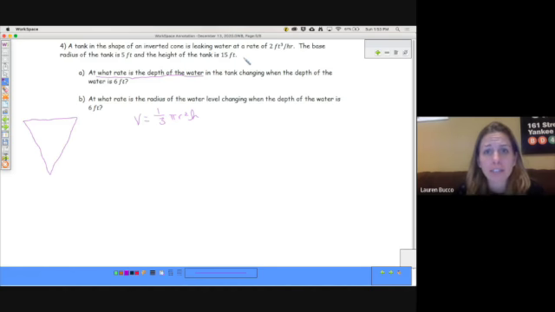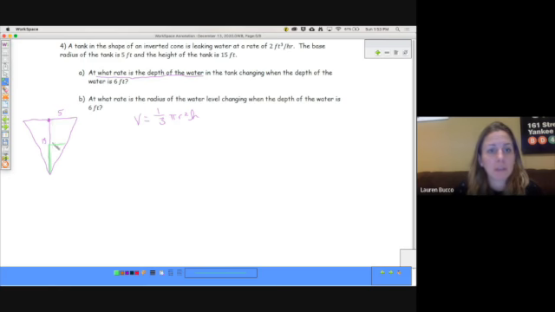So I'm going to go back and take a look at the information that was given to me. So the radius of the tank is 5 feet and the height of the tank is 15 feet. Okay. At any given moment in time, I'm going to change my color here. I could draw in a different height for how full the tank is and a different radius. But hopefully you're recognizing something here.